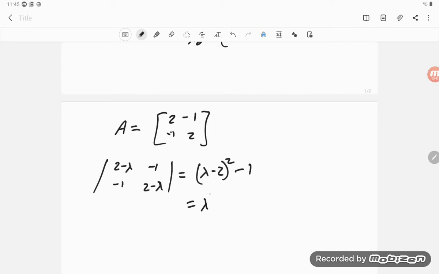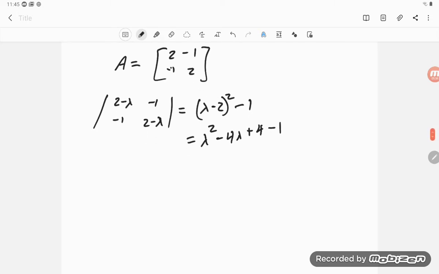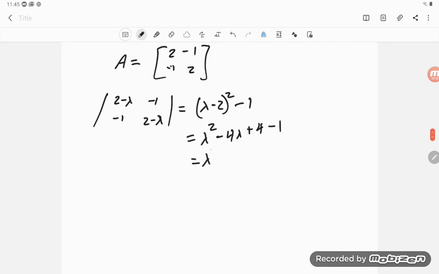So that's lambda squared minus 4 lambda plus 4 minus 1, so lambda squared minus 4 lambda plus 3. If we set that equal to 0, we get lambda equals 1 and lambda equals 3.